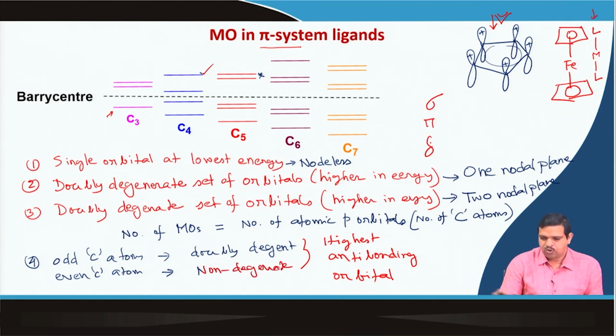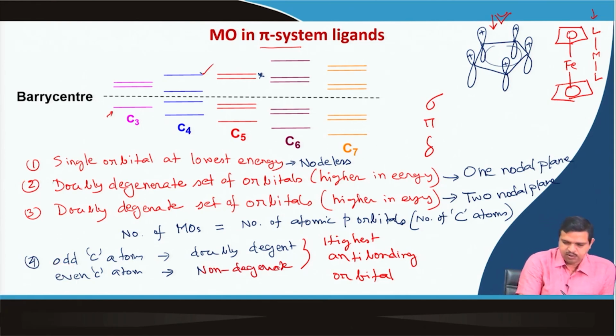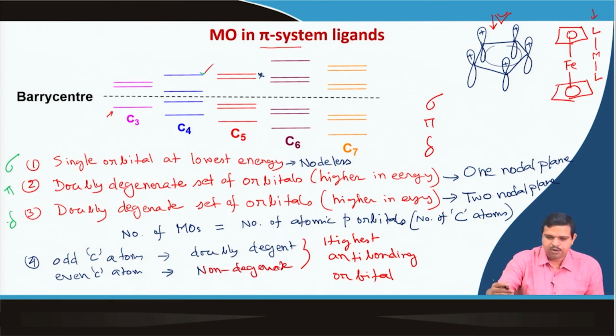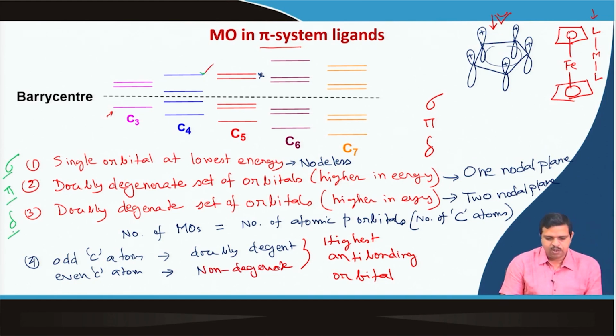So as viewed from the top down, this will be sigma, this will be pi, and this will be delta.